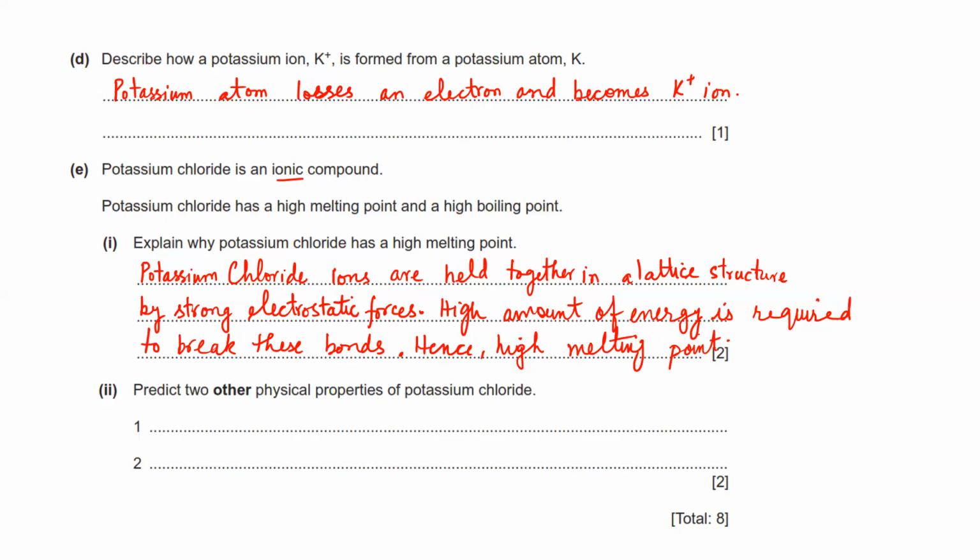So remember, these are ionic compounds, and this is a salt of potassium. Sodium chloride is a highly water soluble compound. So potassium chloride is soluble in water. Again, sodium chloride conducts electricity when in molten state.